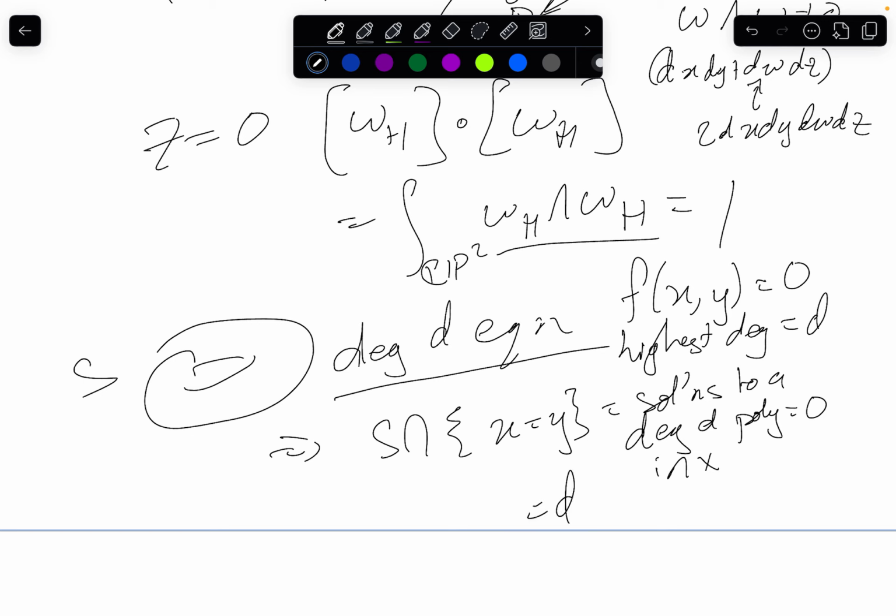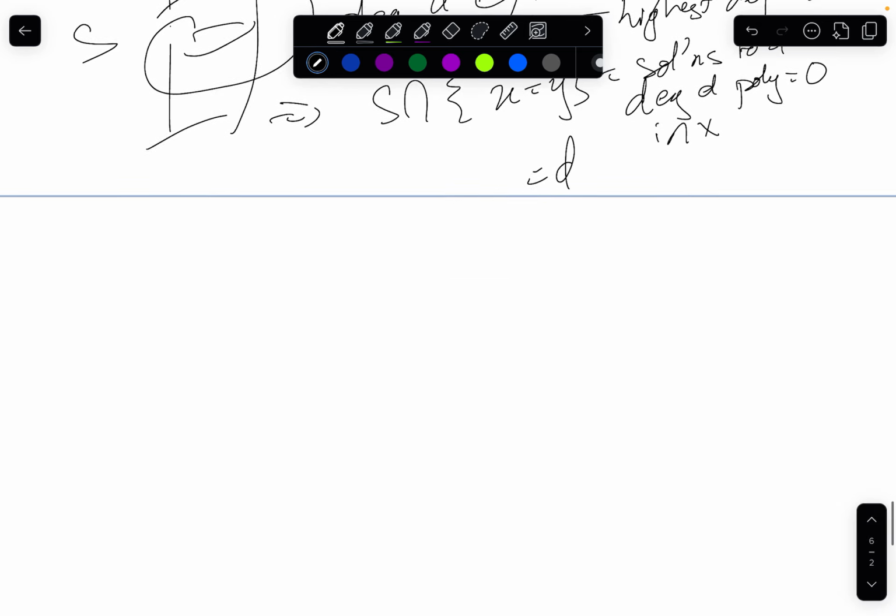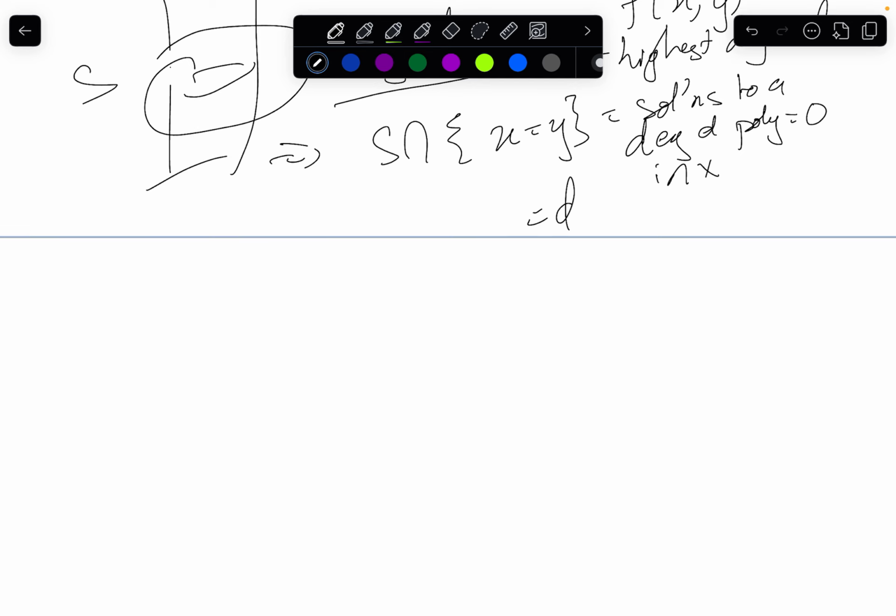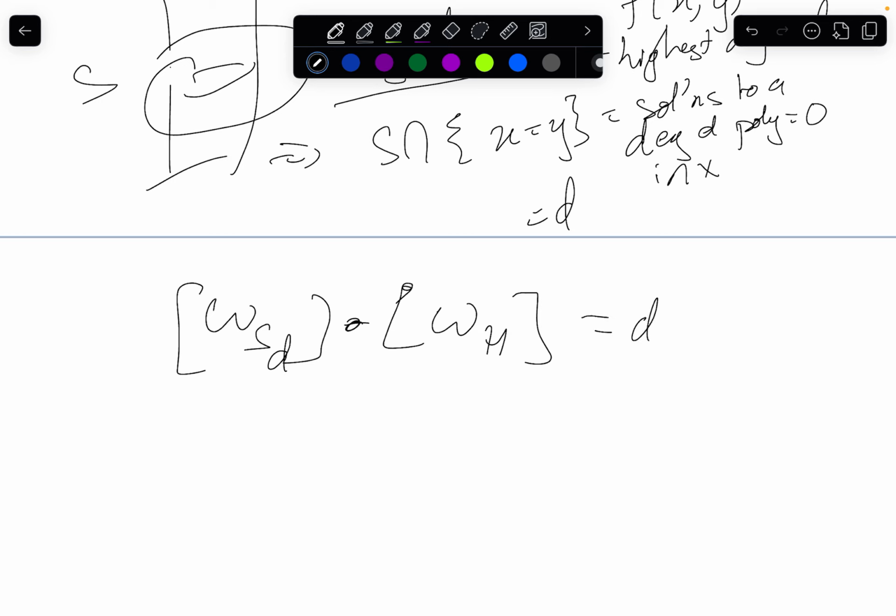So we can realize the degree geometrically as being the intersection of the surface with a generic hyperplane, right? So what this means is that if you look at the Thom class of S_D, and you pair this with omega h, the hyperplane, this can be equal to D, right?